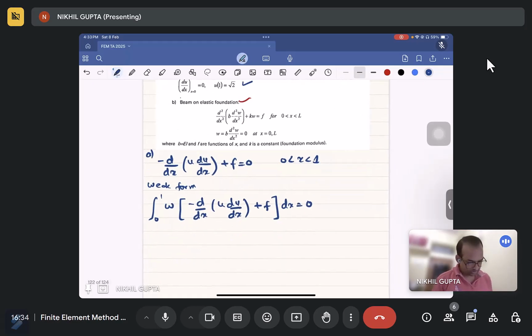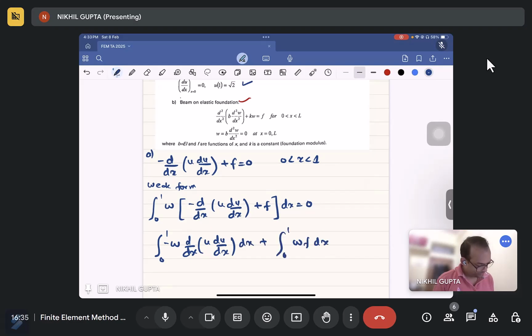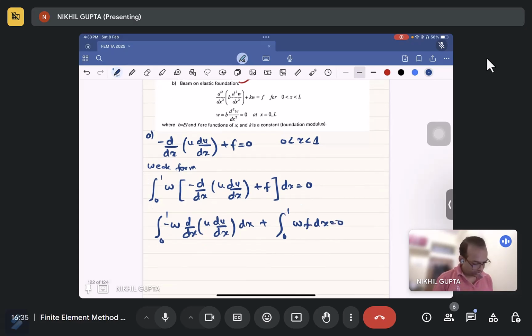Now we'll solve this: the integral from 0 to 1 of w times d by dx of u du by dx plus f dx, separated. Let's apply integration by parts here.